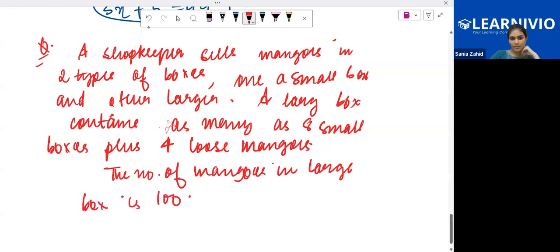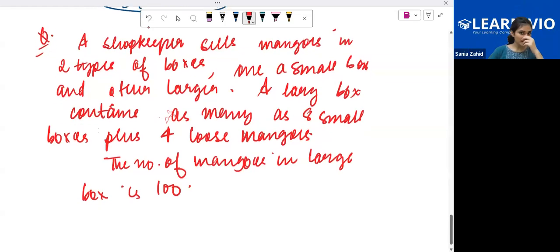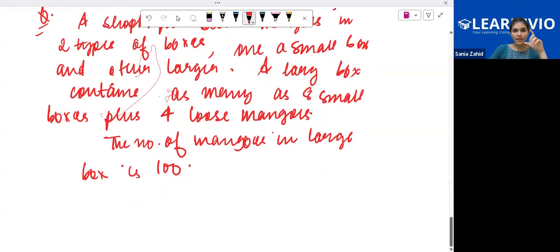So you have been given a situation where a shopkeeper is selling mangoes in two kinds of boxes. The number of mangoes in the larger box is as many as eight small boxes plus four loose mangoes.